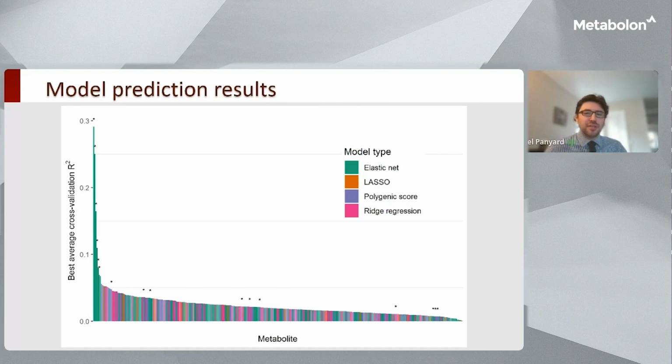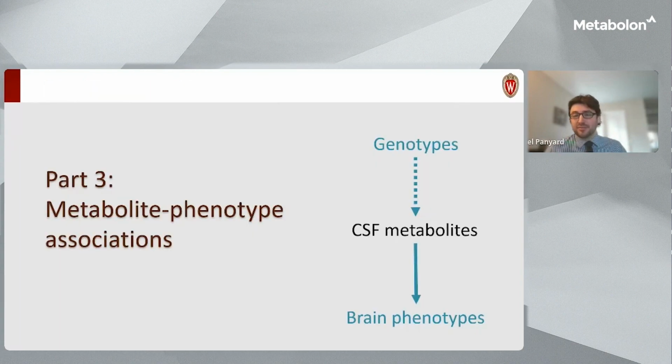At any rate, we built these predictive models, and the goal then is for, I think, about a third of these metabolites that had a fairly good amount of variance captured, we then wanted to use this MWAS approach and understand how these metabolites are related to brain phenotypes. Again, the excitement here is that we're studying metabolites that often hadn't been studied in particular disease contexts before by leveraging these genetic models. So we're extending our insights from one data set to data sets where people just haven't been able to collect individual level metabolomic data yet.